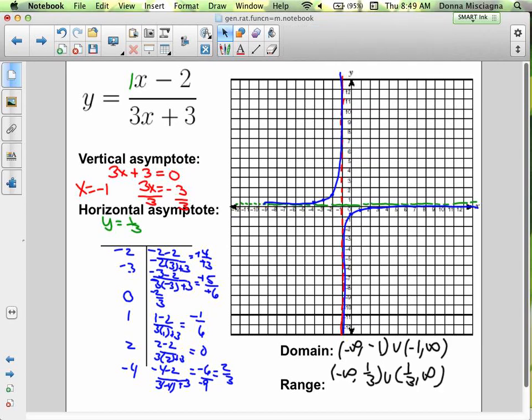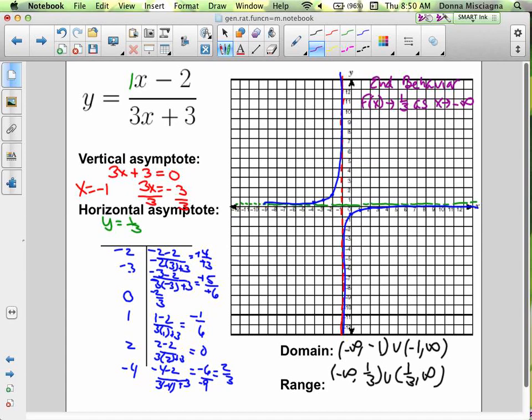Let's do the end behavior real quick. I'll write in purple. All right, so f of x goes to, of course, the horizontal asymptote. So it approaches 1/3 as x approaches negative infinity.